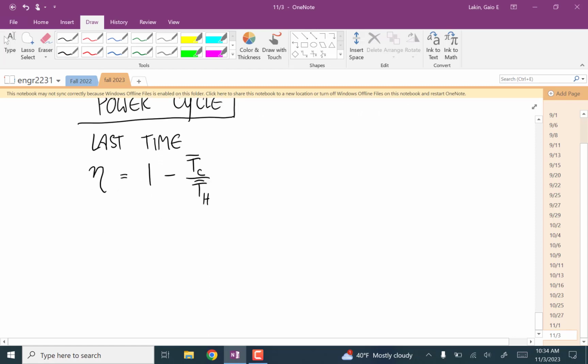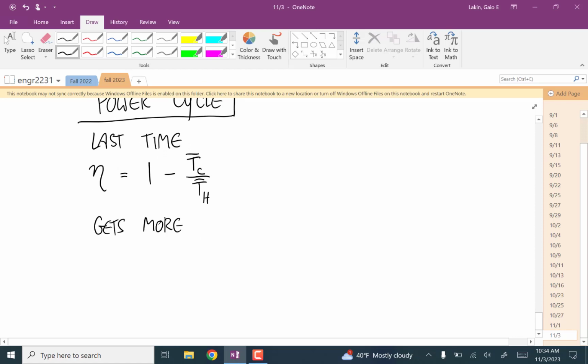Okay, so from this you can see that it gets more efficient as TC goes down or TH goes up. Okay, so we saw that last time.